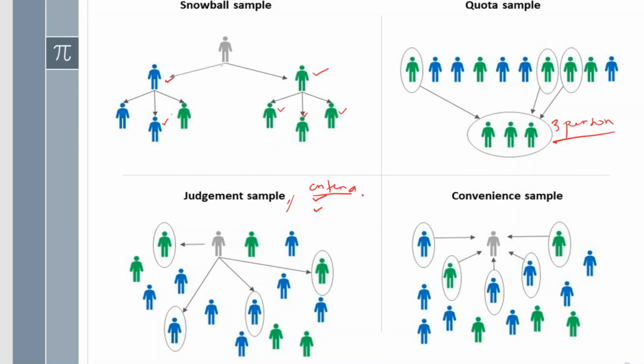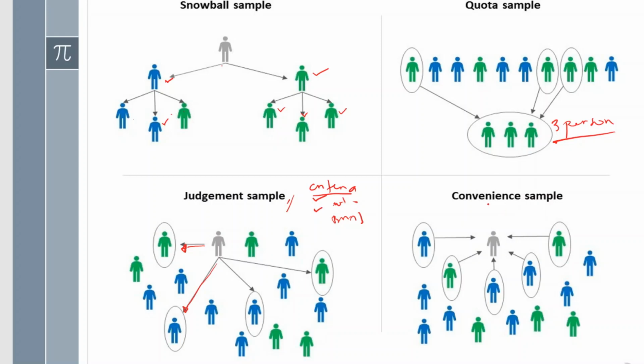So you have a criteria. What are the criteria of being obese? What is the weight, and what is the BMI, body mass index? You have to include this in your criteria in order to satisfy the criteria of who will be part of your study. That's why it's judgment. So you're being judgmental, making sure that this person will fit your criteria.